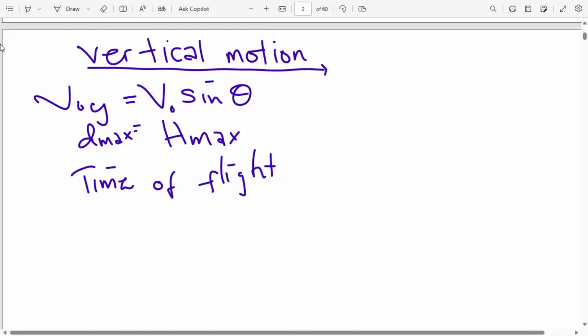It's the same case here, because acceleration is constant. It's equivalent to 9.81 meters per second squared. That value of acceleration is constant during this whole motion in the y-axis.